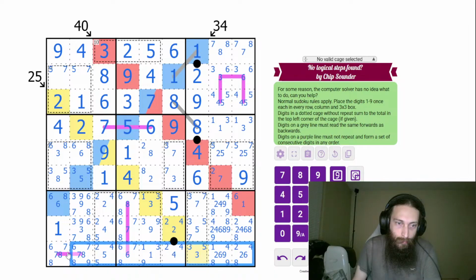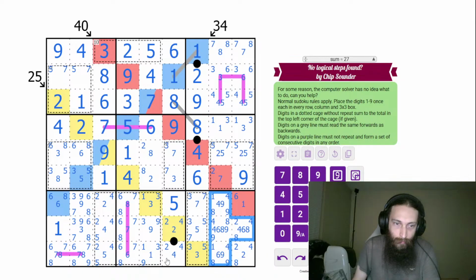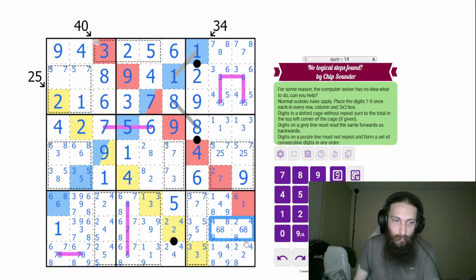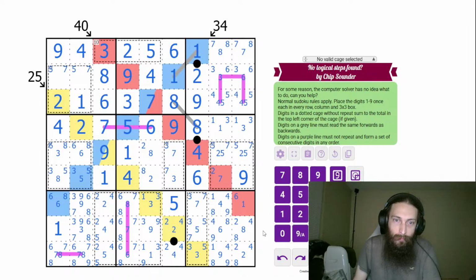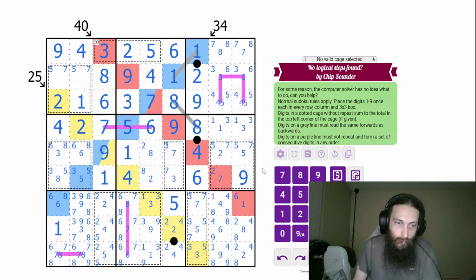Row 9, there's a 6 in center script. 1, 2, 3, 4, 5, 6, 7, 8. Okay, somehow I must have just messed up what I was doing in center script.